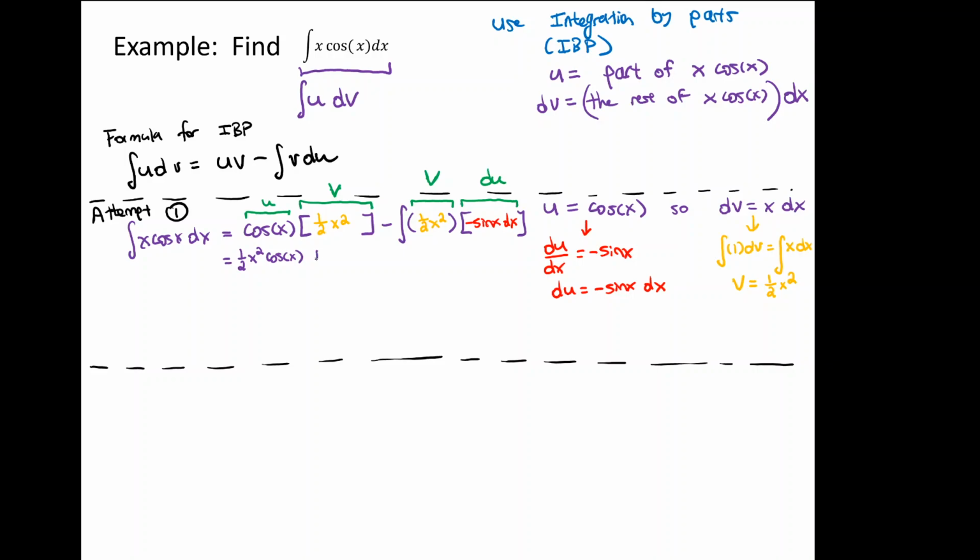They're going to cancel and make a plus sign. So plus integral. And we can bring the 1/2 out as well. Constants can be factored out of integrals. So 1/2 integral x squared times the sine of x dx. And then we would need to continue from here.